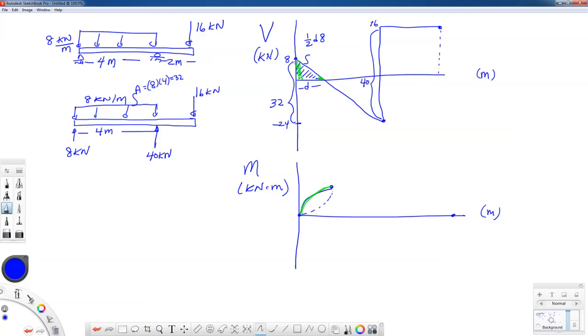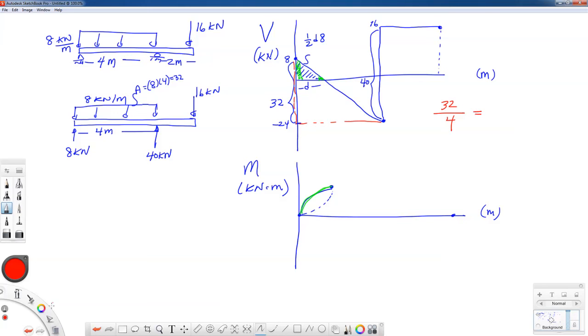An easy way to do it in this case is with similar triangles. If we look at the big triangle that goes from plus 8 down to minus 24, the sides of that triangle are in the proportion of 32 to 4.